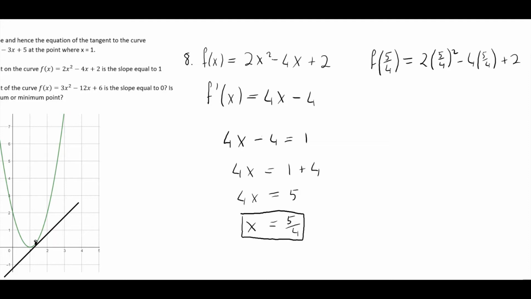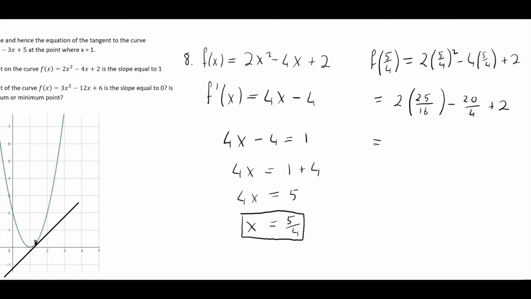So you can just type that into your calculator, or you could do it out like following. So 2, and then you're going to square that fraction. So you square the top and the bottom of the fraction, you're going to get 25 over 16, minus, you're going to multiply 5 by 4, you're going to get 20, divided by 4, plus 2.